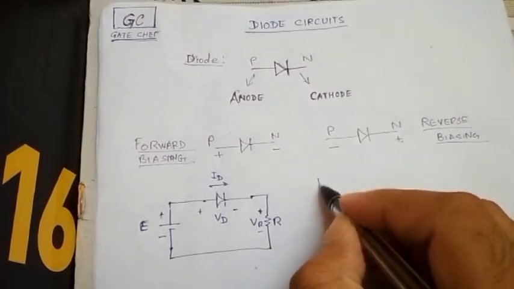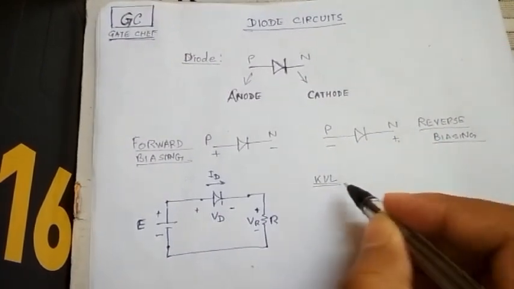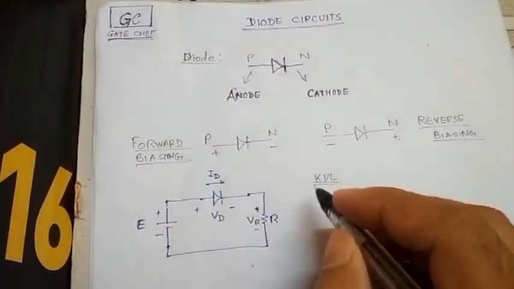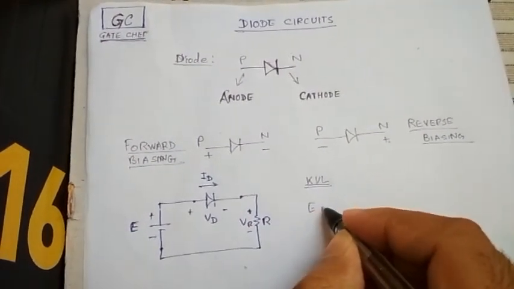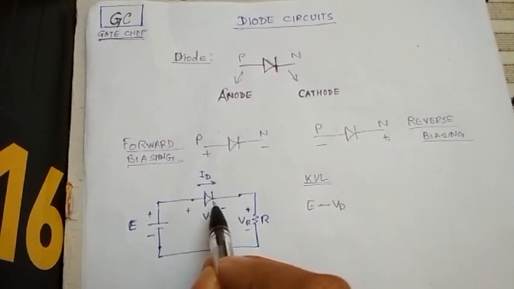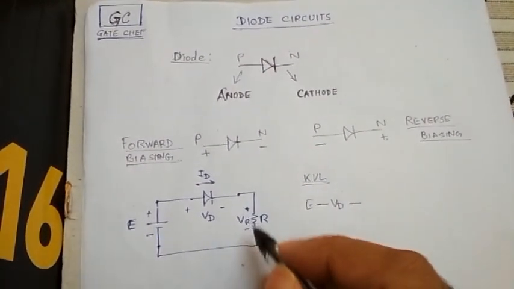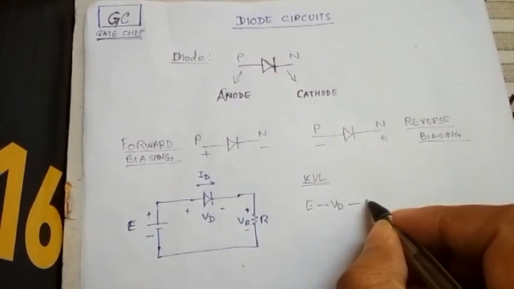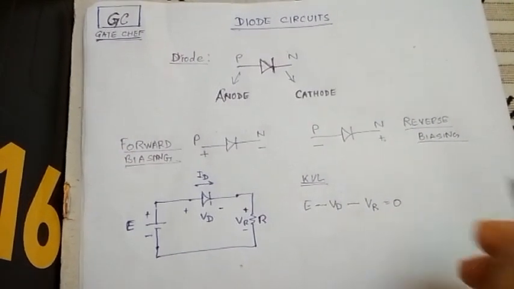Now we apply KVL in this circuit. After applying KVL, what we get is E minus VD, that is the voltage drop across this diode, minus VR, that is the voltage drop across this resistance, and this sums up to 0.